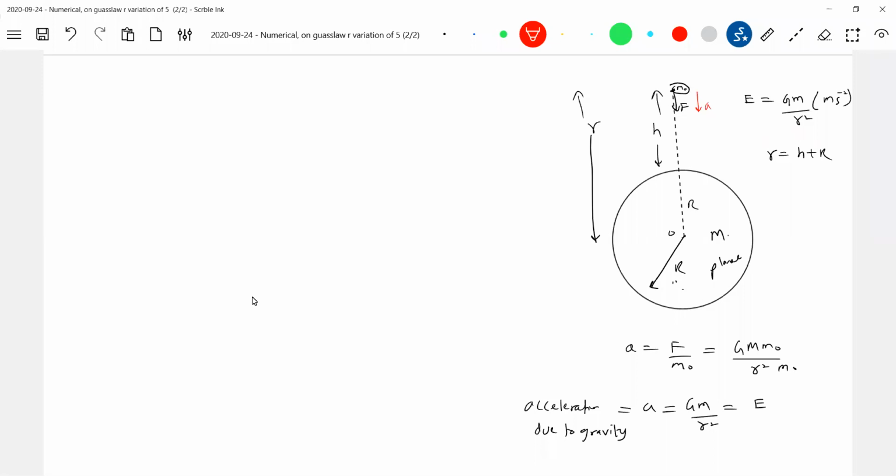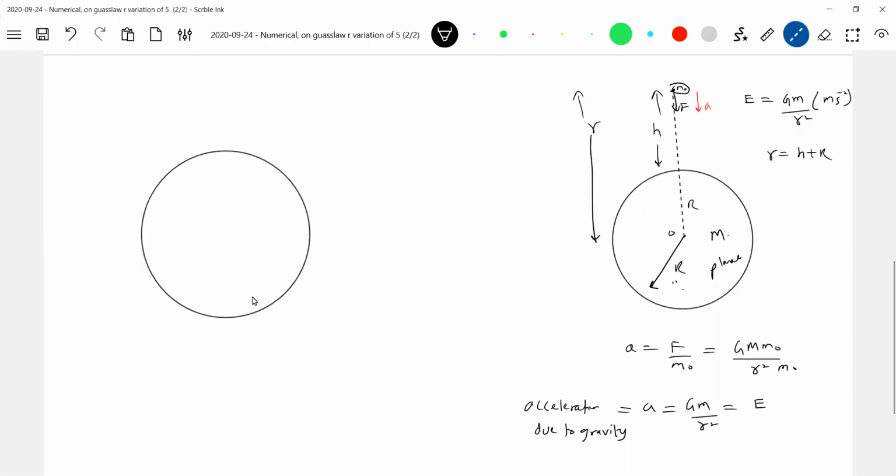Now, what is acceleration due to gravity on the surface of the earth? On the surface of the earth, we will give a specific value for it. This is the center, this is the surface. So what is the acceleration due to gravity at this particular point?